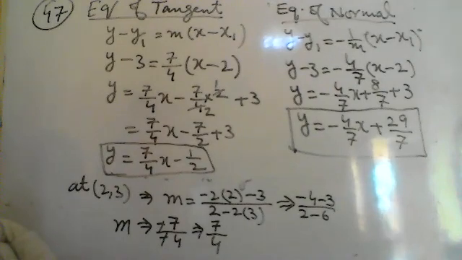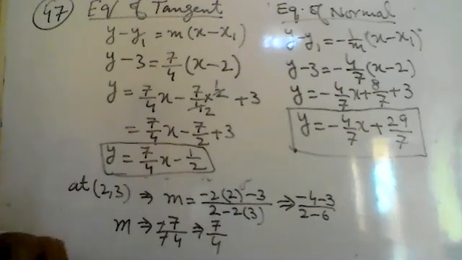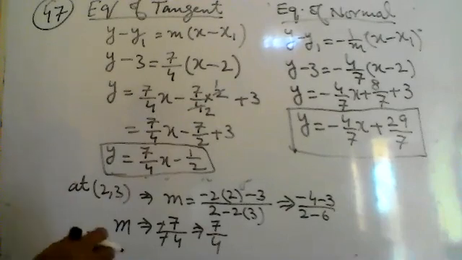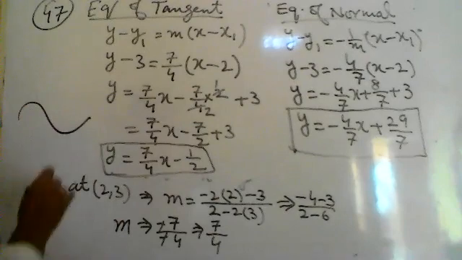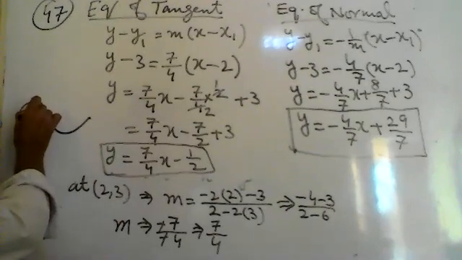So we have to find the derivative dy upon dx in those implicit functions, and then we will put the value of the given point, because at different points in the same curve, the slope will be different. For example, this is the curve. At this point, the slope will be this way.